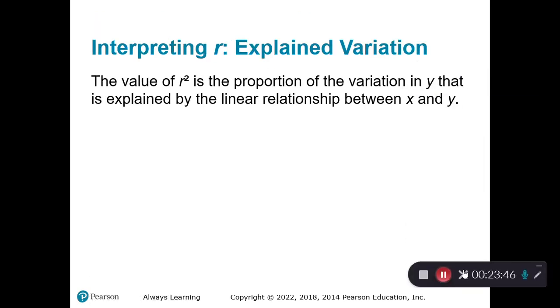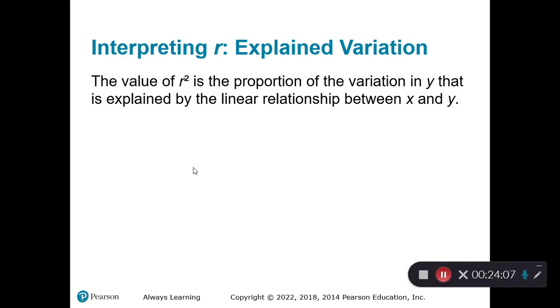We're also going to look at a different calculation, the value of R squared. So if we were to square the linear correlation coefficient R, it gives us another value that we use to interpret. It's called the coefficient of variation.